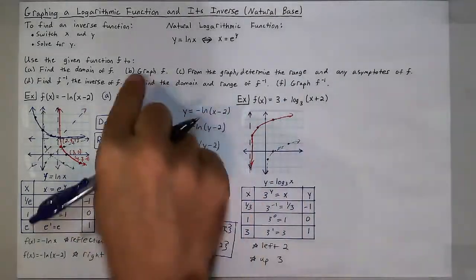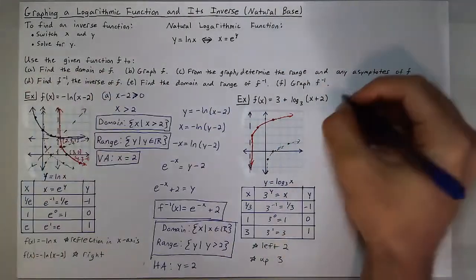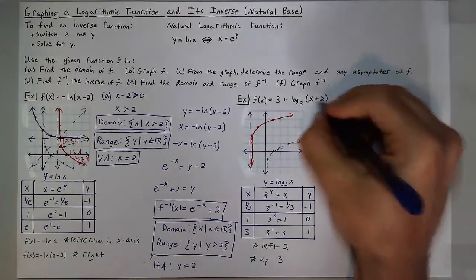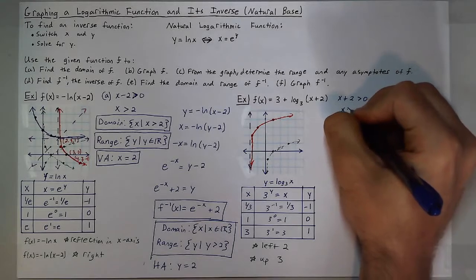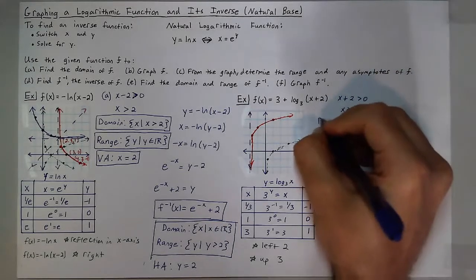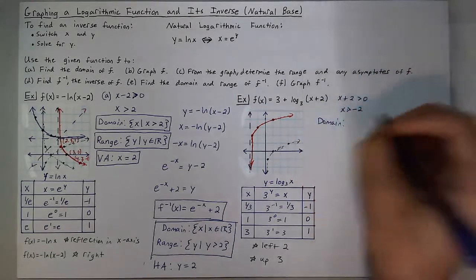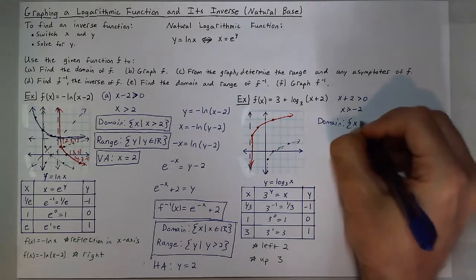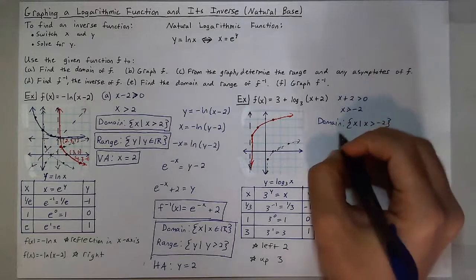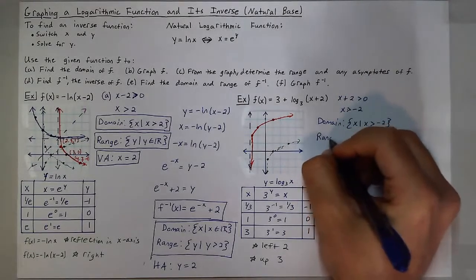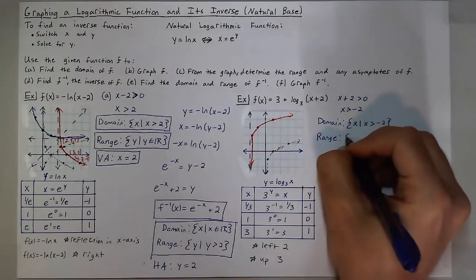And again, I did part B first, but doing part A just means I'm looking for where x plus 2, the inside of the log, is greater than 0, which happens when x is greater than -2. So the domain is all numbers x such that x is greater than -2. The range is all real numbers y.